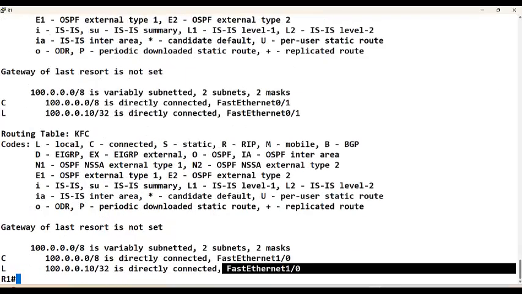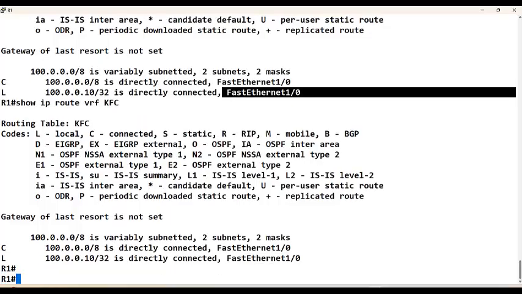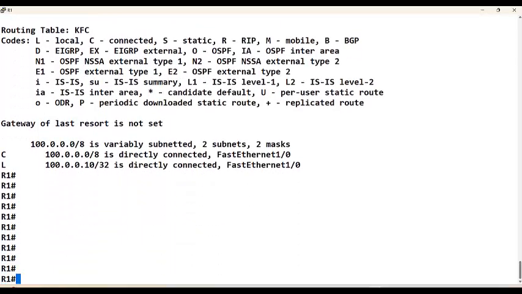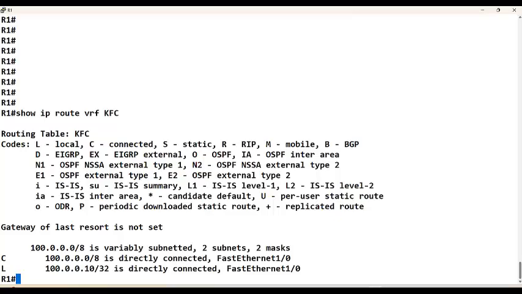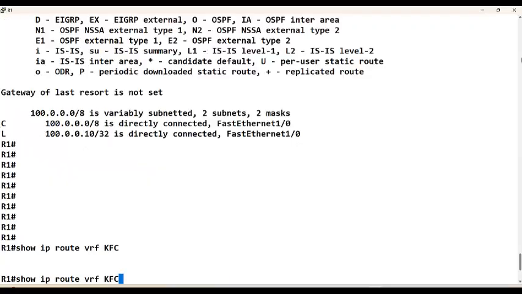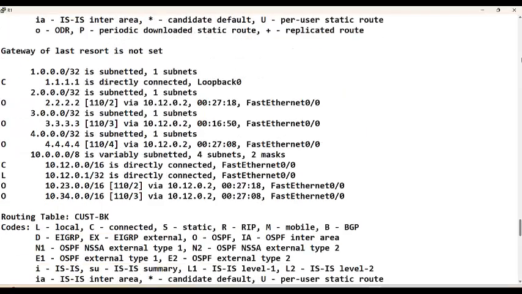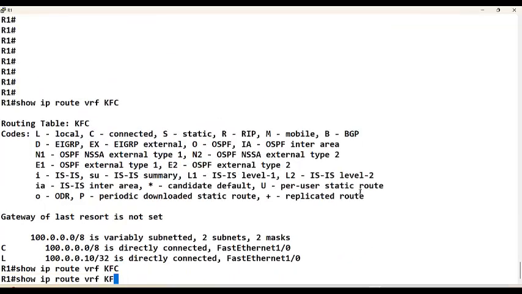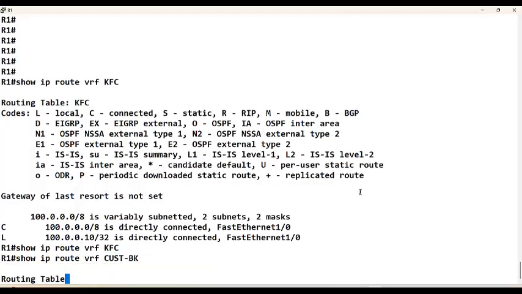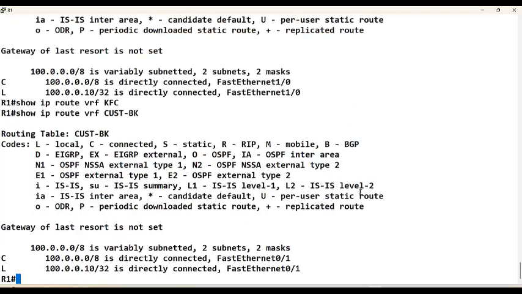Right? You can also type like this. Instead of saying all, you can say show me only KFC. It shows only the KFC routing table. The other name is customer BK, Cust BK. This is another routing table.